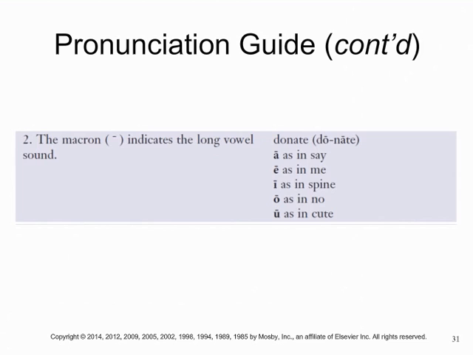So if you think about your long vowels, they say their name. A says A, E says E, I, O, and U. So whenever you see that long line above the vowel sound, that means you're going to actually say that vowel's name. Like in the word donate. You hear the O and you hear the A. And that's just to help you, again, pronounce these words.